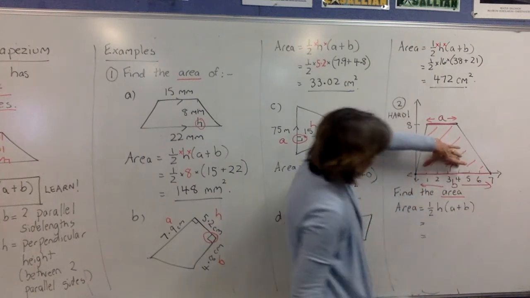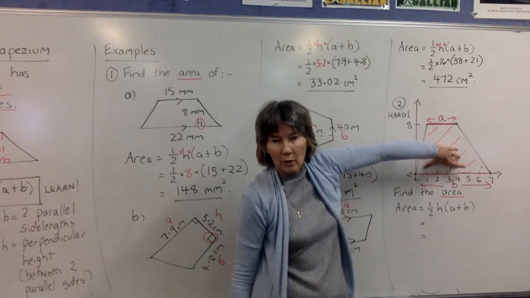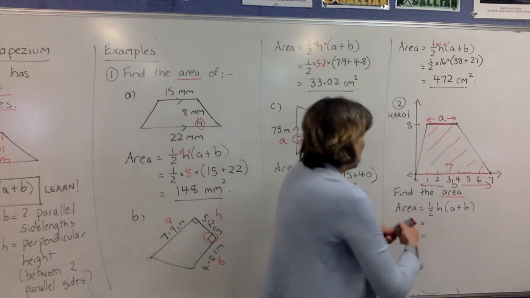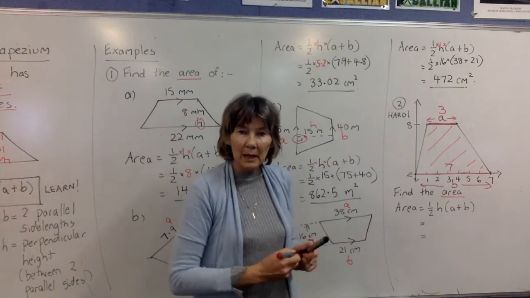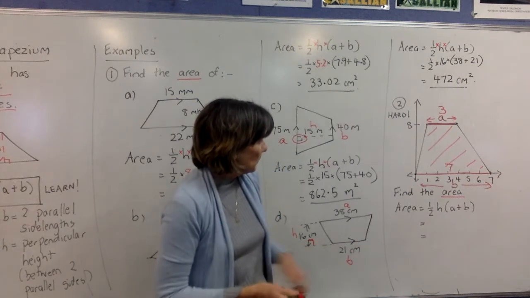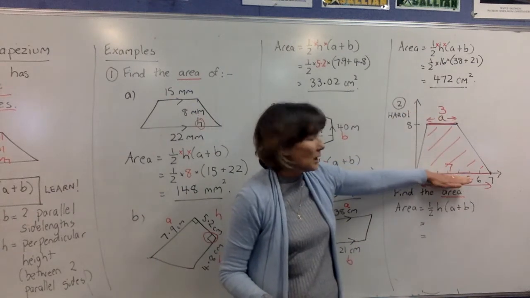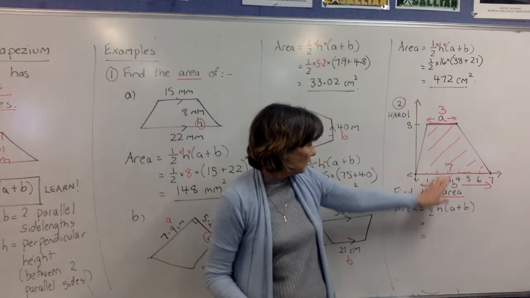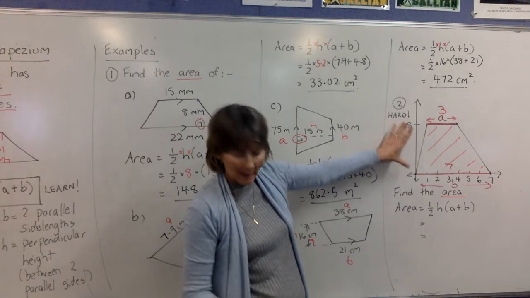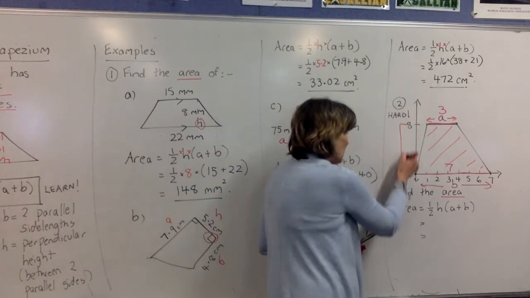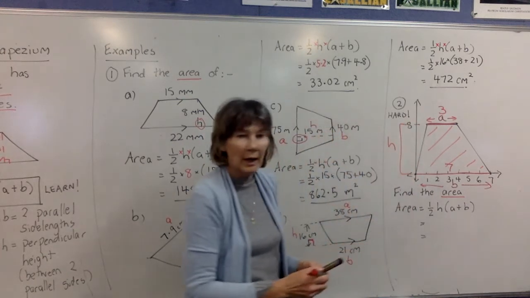So I need the gap from 1 to 4, that would be 3. So I know that this is going to be a 3 up here. Now the perpendicular height joins from one parallel side to the other, straight down. So you can imagine if I bring it out here, my perpendicular height is going to be 8. So from there to there is going to be my perpendicular height.